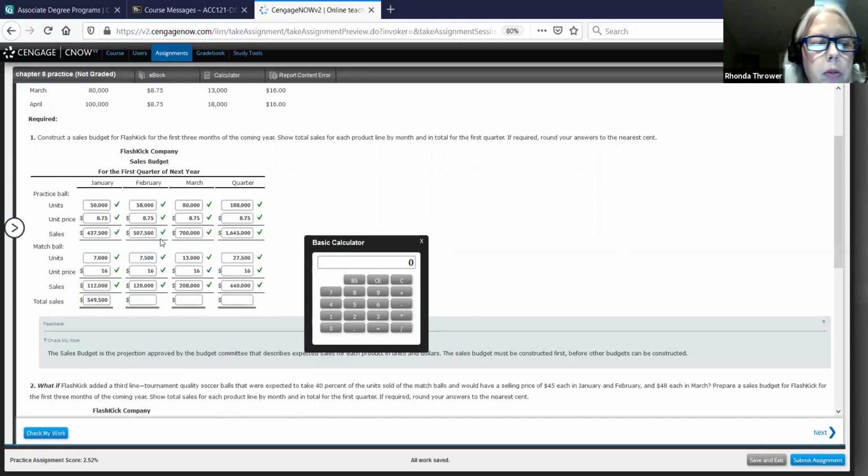And we'll pick up the practice ball sales for the month of February, and we'll add to it the match ball sales for the month of February.